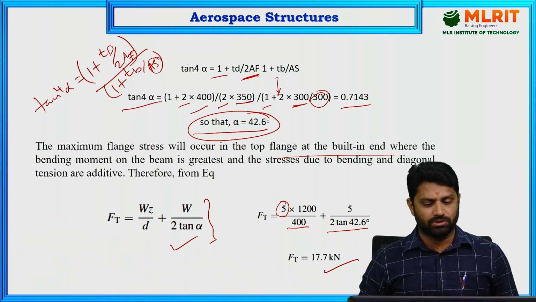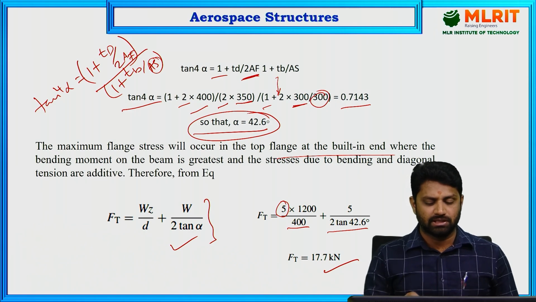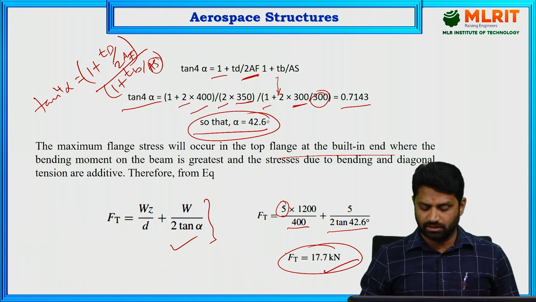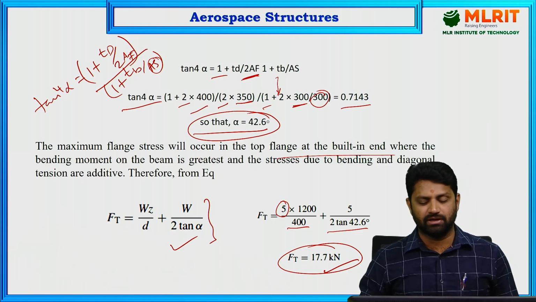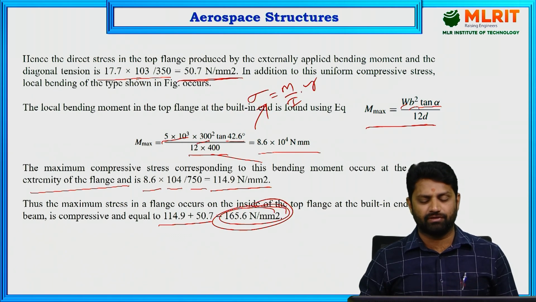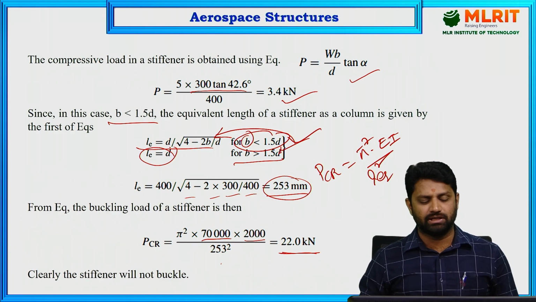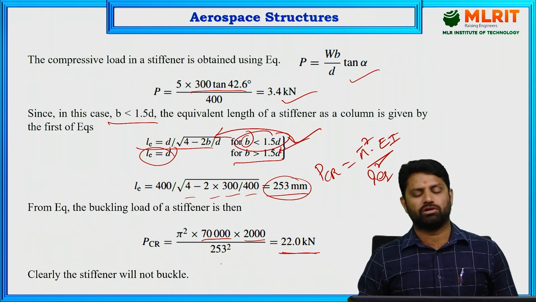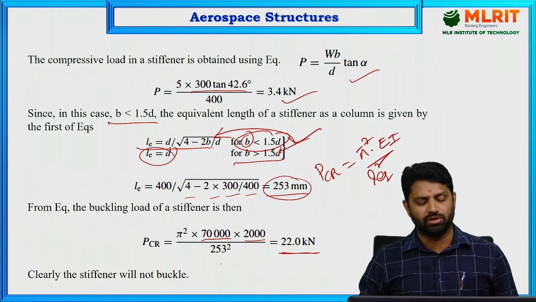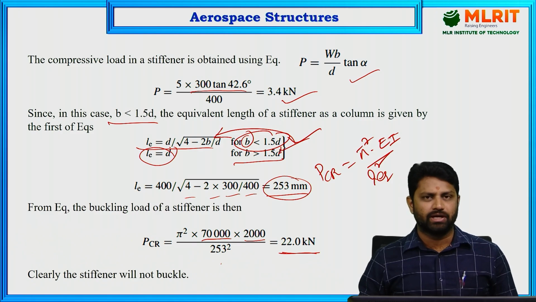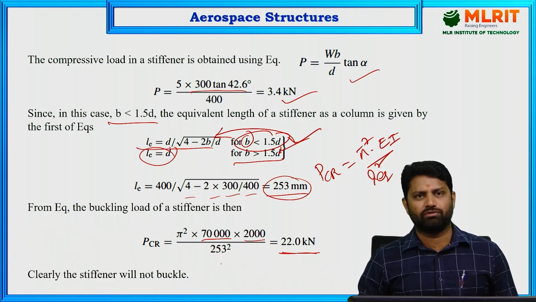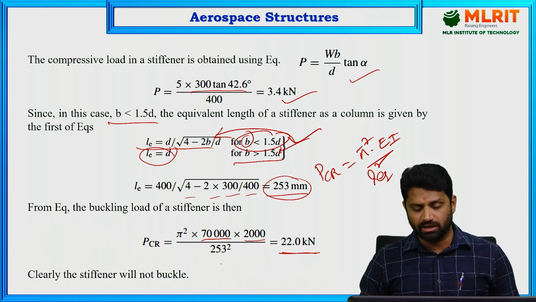In the top flange itself you have the load, which is nothing but 17.7, and you will have the load in the bottom flange also. When you compare the top flange and bottom flange loads with the critical load, which is 22 kilonewton, the critical load is more than those. Therefore it is within the limits, so the stiffeners will not buckle according to the problem given.